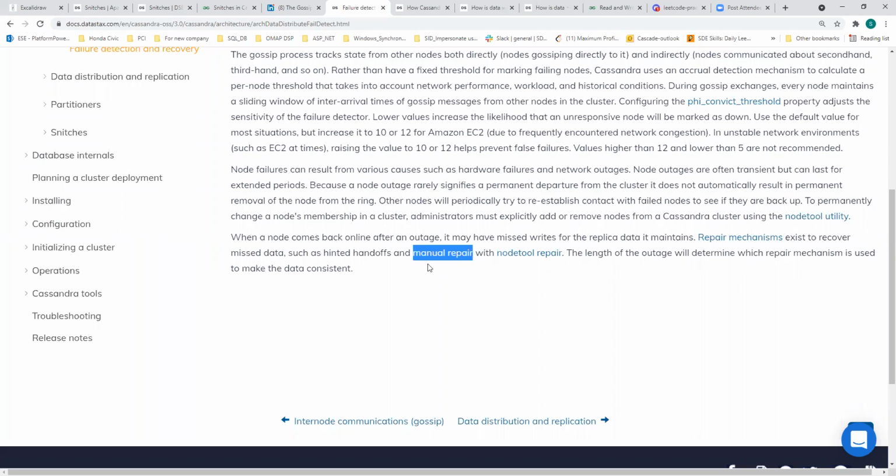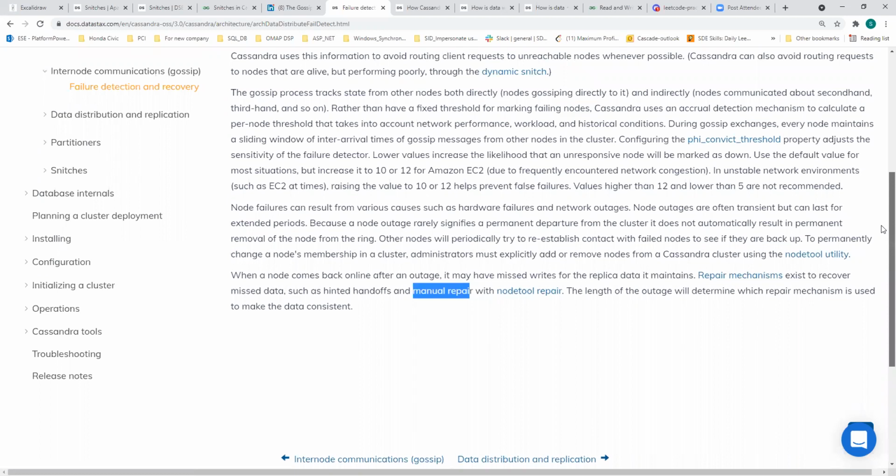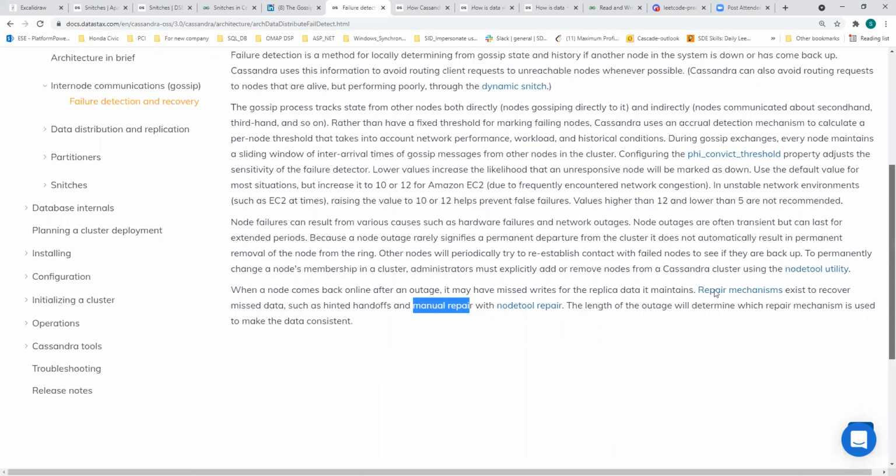So the other way of repairing a node is a manual repair, which they call nodetool repair and all that stuff. That is the way to handle it before declaring a node permanently dead, so there are different states of a node, and that is what is being discussed here.